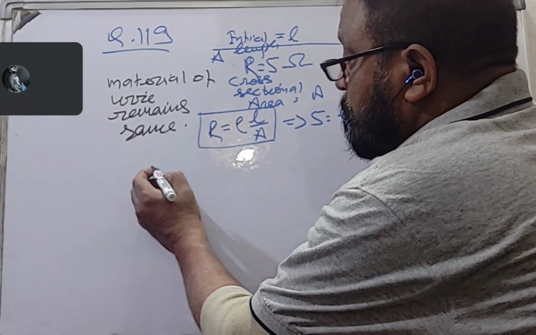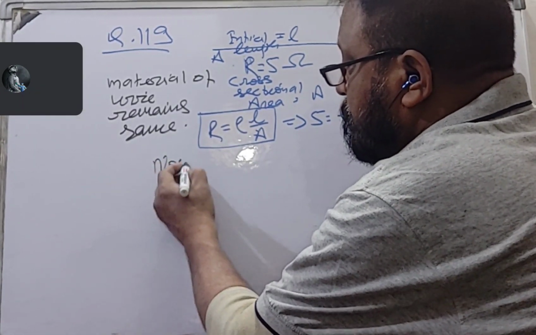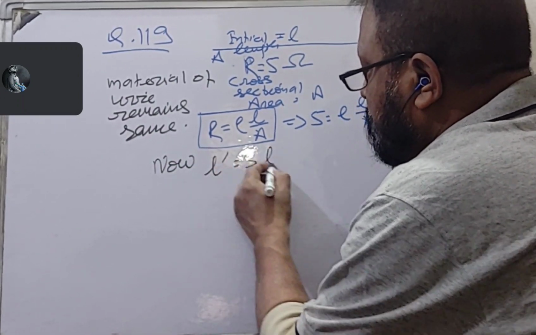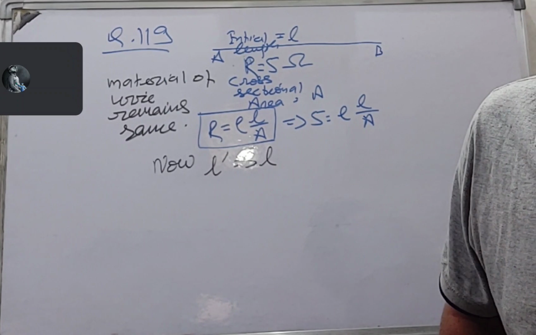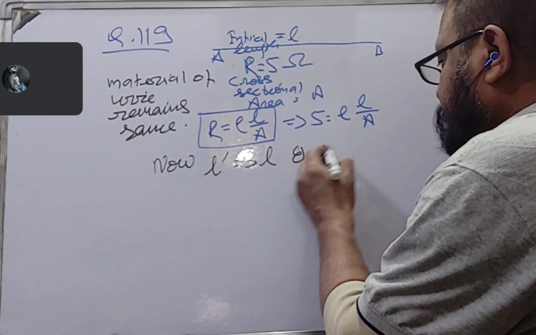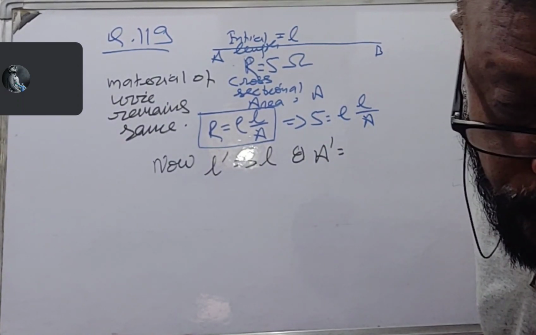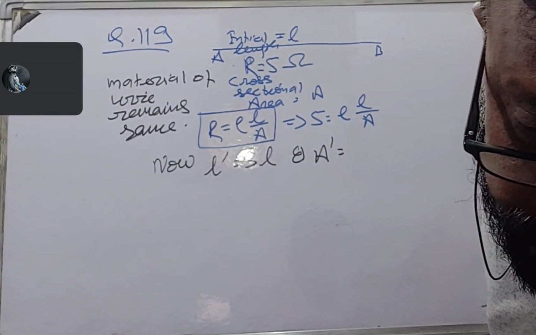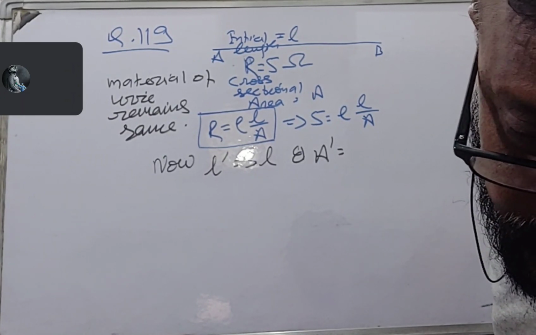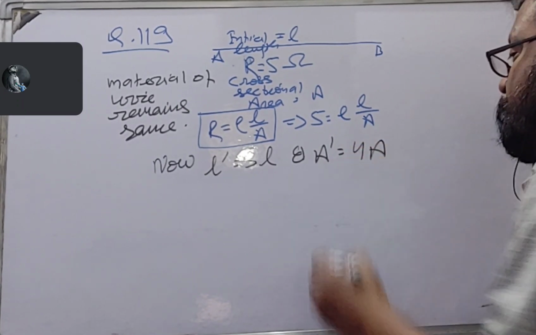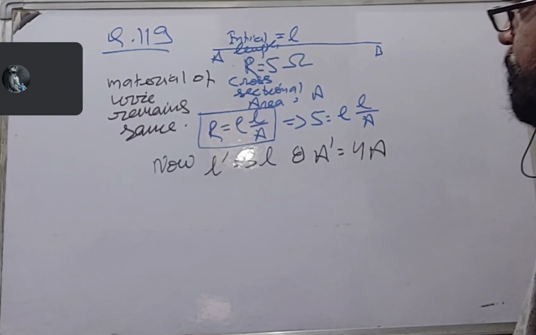Now L dash becomes 3L, and cross sectional area A dash is equal to 4 times, whose length becomes 3 times and cross sectional area becomes 4 times of the initial, right?